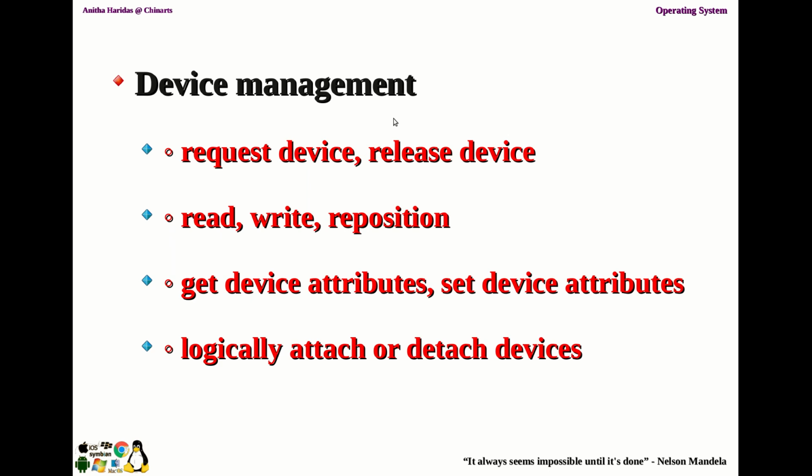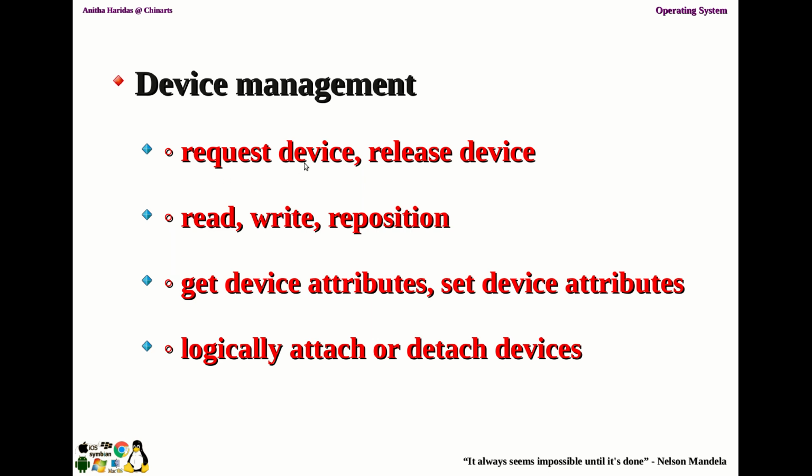Then you have device management, obviously requesting a device, and a system call for releasing the device. If you want to print something on the printer, the user will request the printer device, so you need a system call to request the printer.